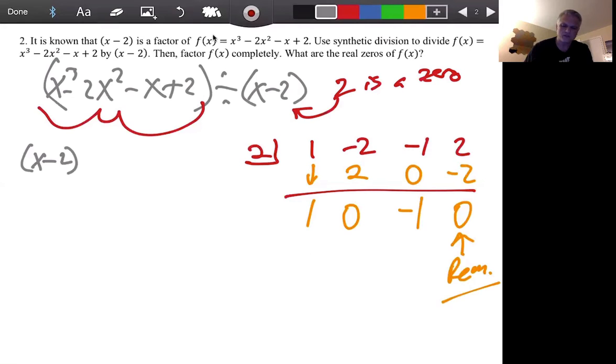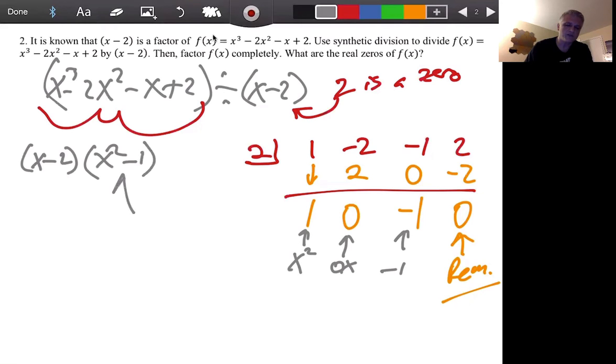Well, let's translate this. So this was x cubed. We divided it by x to the first. So that means that this right here indicates it's 1x squared, 0x, minus 1. So we have x squared minus 1.